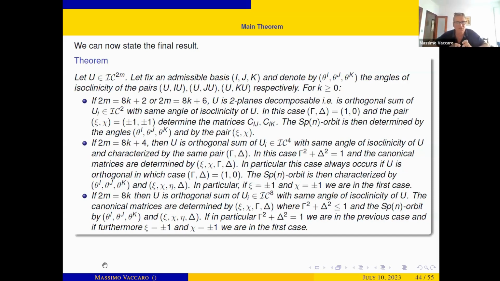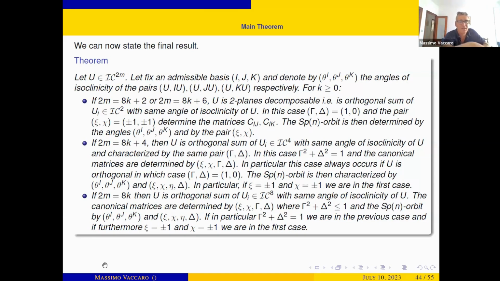It's an orthogonal sum of two planes with the same angle of isoclinicity of U. In this case, gamma and delta are equal to 1, 0, and the pair C, K determine the matrices. The SPN orbit, in this case, is determined by the angles theta I, theta J, theta K, and by this pair.